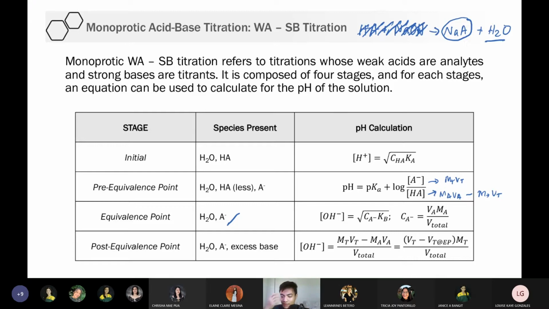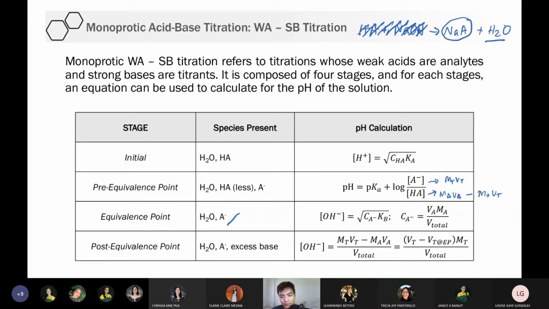Greater than 7, less than 7, equal pa rin sa 7. Hula kayo. What is the pH of the solution of the WASB titration at equivalence point? So the pH, sabi ni Emmanuel, is greater than 7, which is correct. Sabi din ni Alyusin.